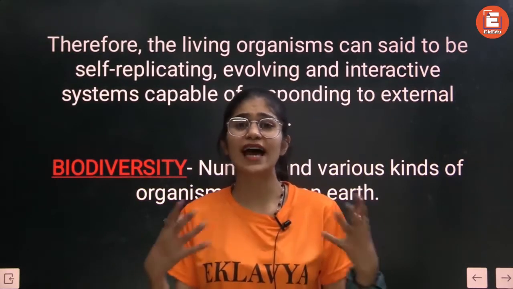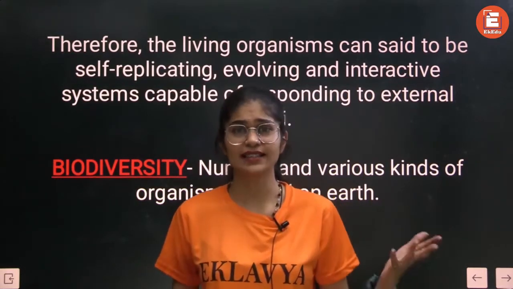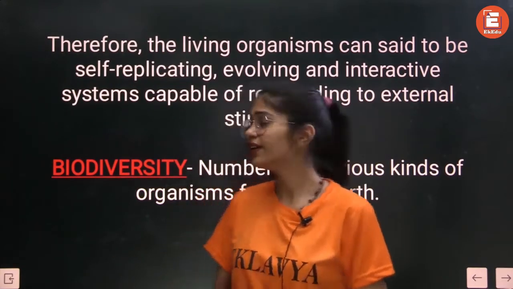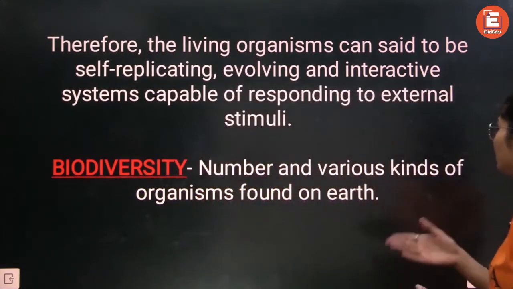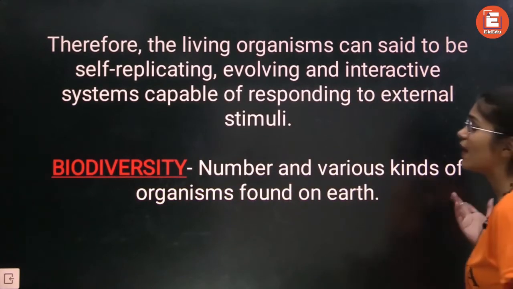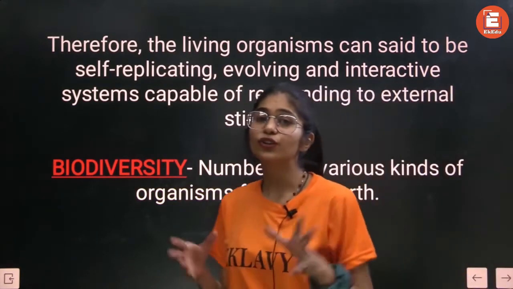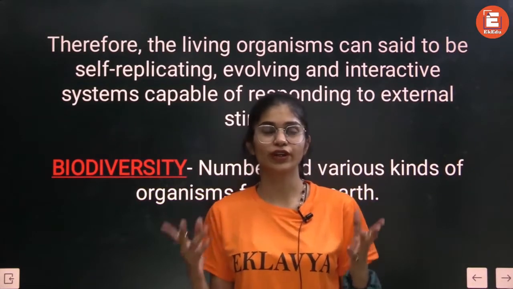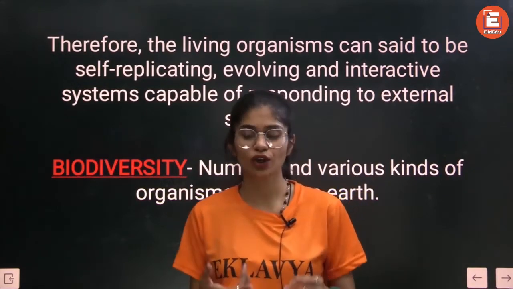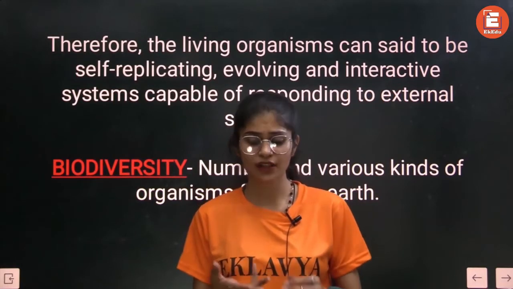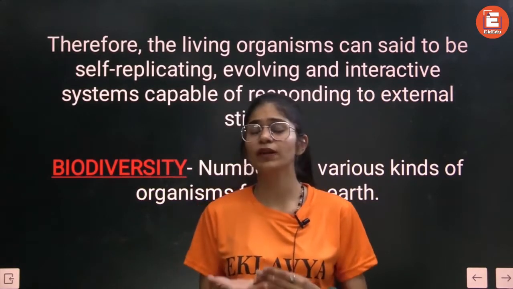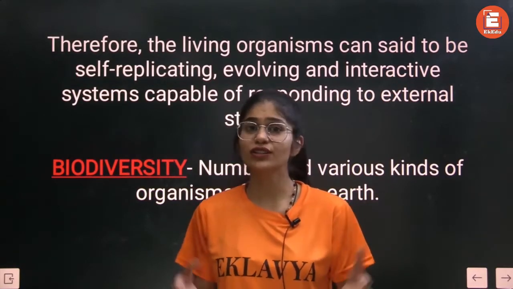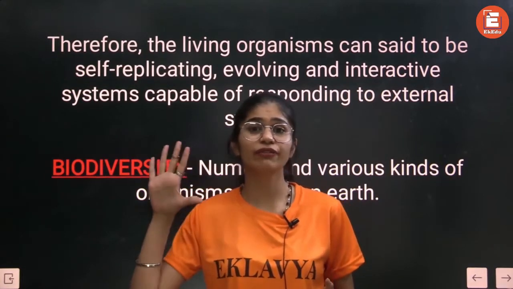The number of organisms that we have around ourselves is biodiversity. Right, so biodiversity says the number and various kinds of organisms found on the earth. So do you understand, sitting in our room we can see a lot of organisms. We might see a cockroach, or a house mouse, or a lizard, or maybe an ant or a fly. So sitting in a room I counted 5 organisms.